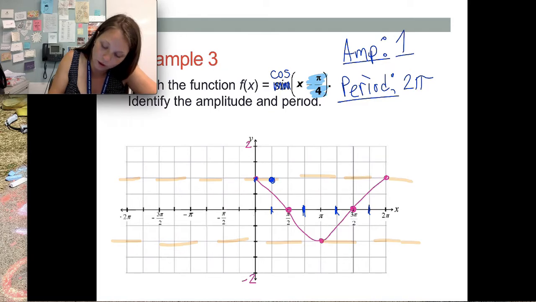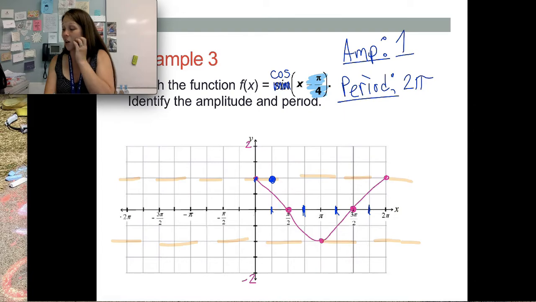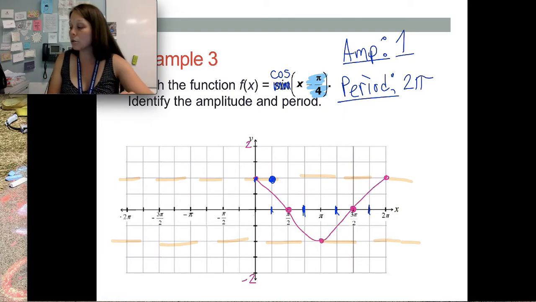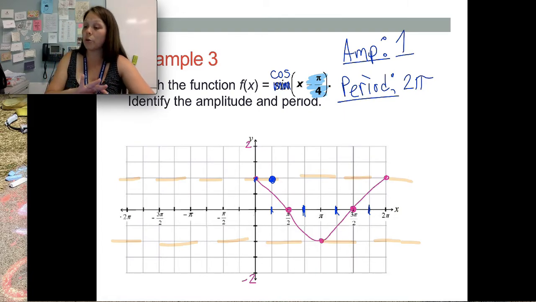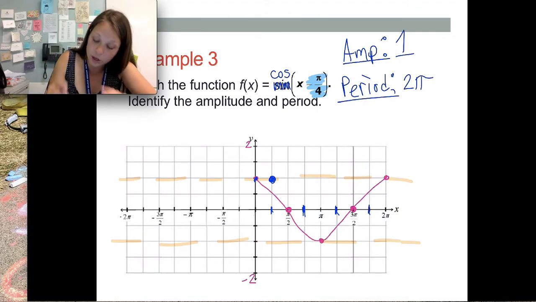So it's going to go right there. Then the next point is also going to get pushed forward pi over 4 units, so right there. And then I'm just going to continue moving all of these points as far as I can. There technically would be something like here, right?